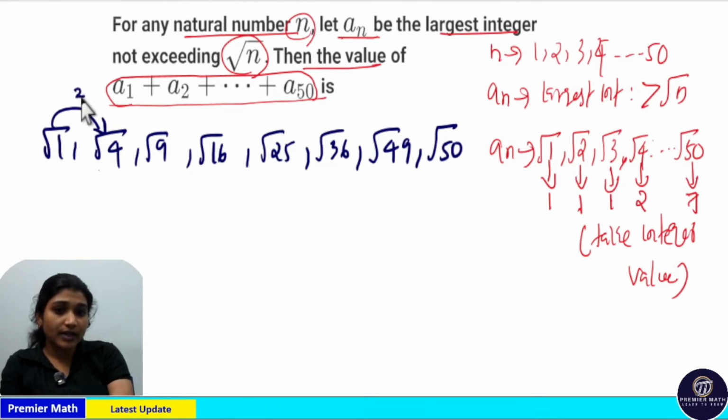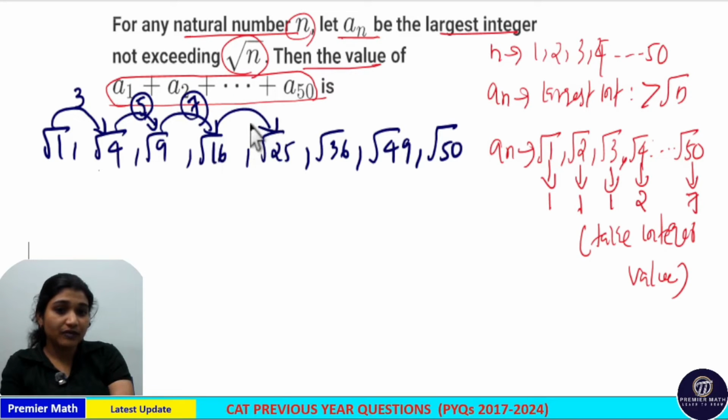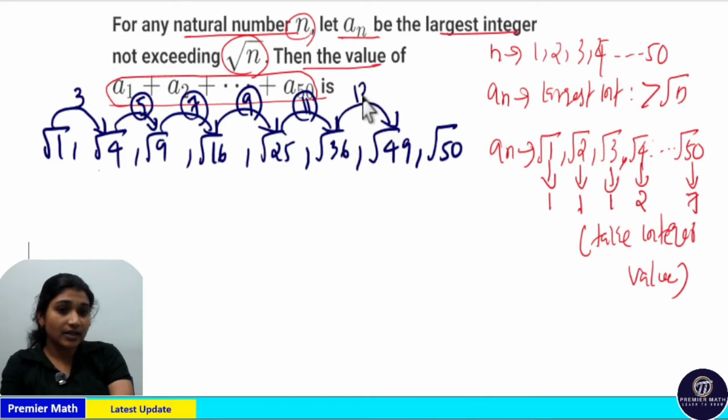From 1 to 4 there are 3 numbers, from 4 to 9 there are 5 numbers, from 9 to 16 there are 7 numbers, from 16 to 25 there are 9 numbers, from 25 to 36 there are 11 numbers, from 36 to 49 there are 13 numbers, and here we have 49 and 50, a total of 2 numbers.